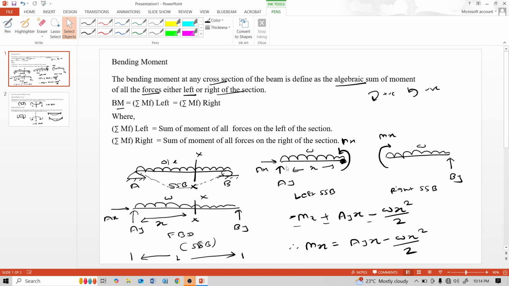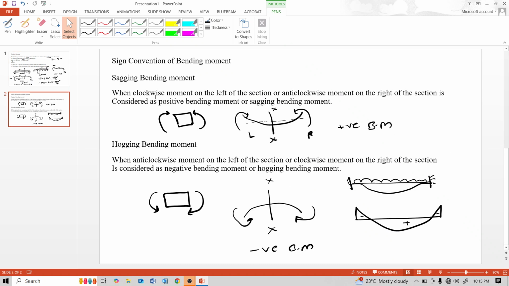Understand this bending moment terminology. Bending moment at any cross section of a beam is defined as the algebraic sum of moment of all the forces either left of the section or right of the section. Sagging bending moment, positive bending moment; hogging bending moment, negative bending moment.